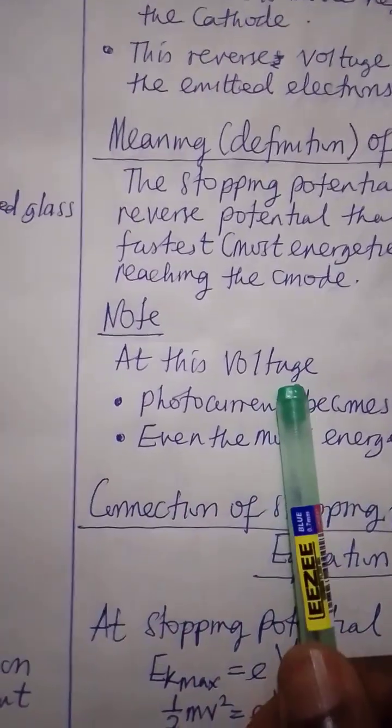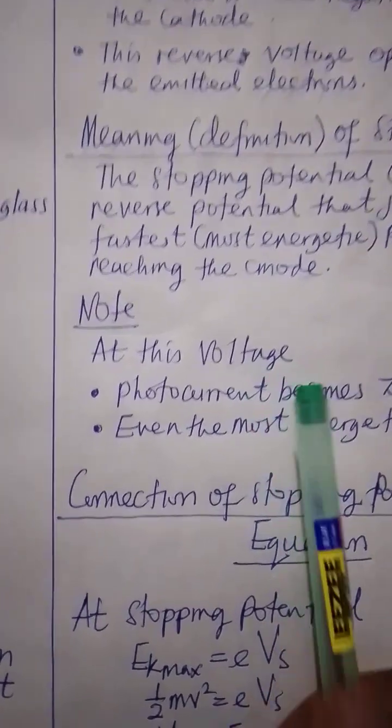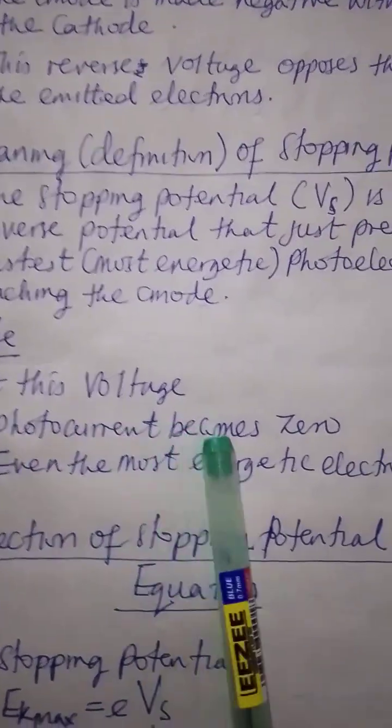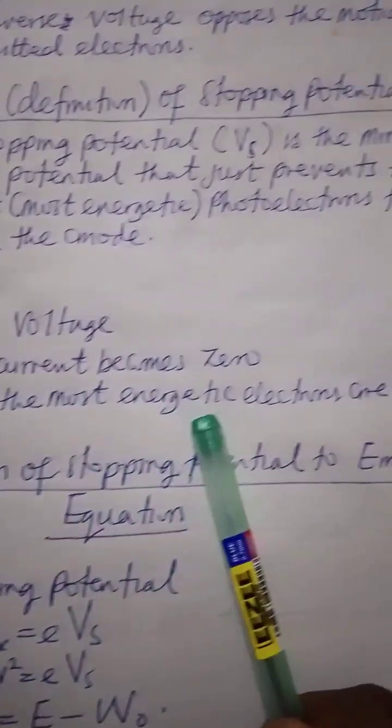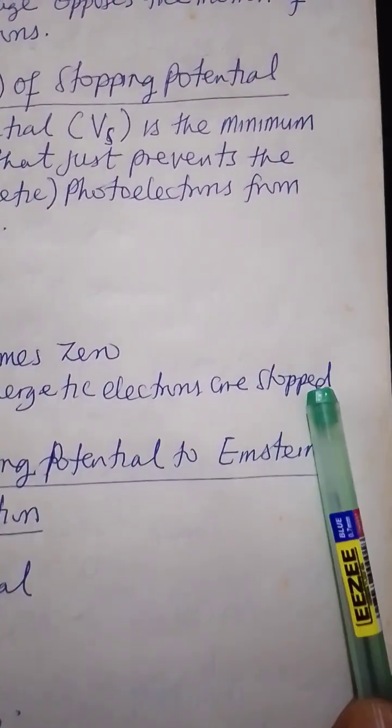At this voltage, that is, at the reverse voltage, photocurrent becomes zero. Even the most energetic electrons are stopped.